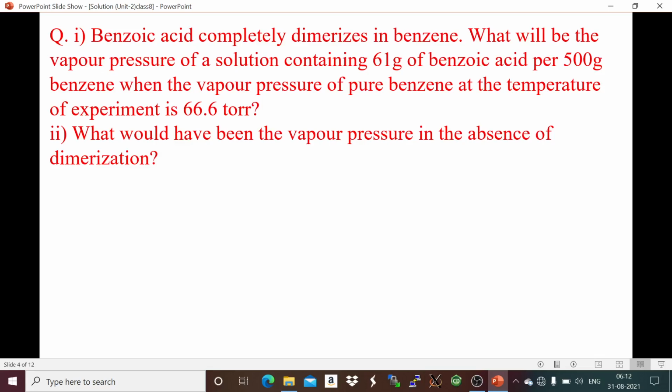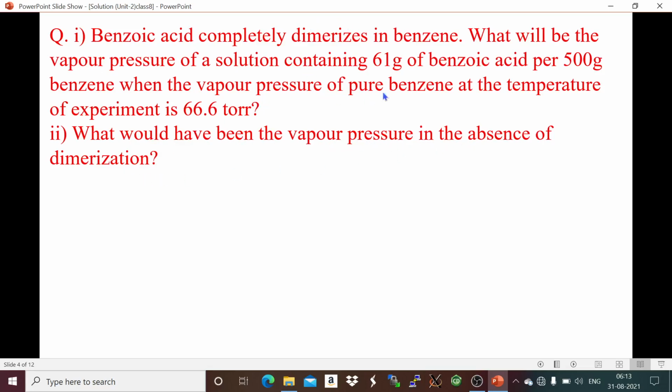What will be the vapor pressure of a solution containing 61 gram of benzoic acid in 500 gram of benzene? Mass of solute, mass of solvent is given. Vapor pressure of pure benzene at the temperature of experiment, it is 66.6 torr is given. Torr, unit of pressure. What would have been the vapor pressure in the absence of dimerization?